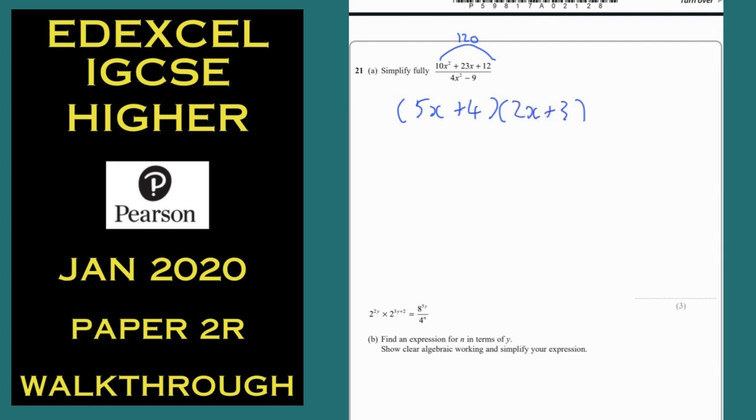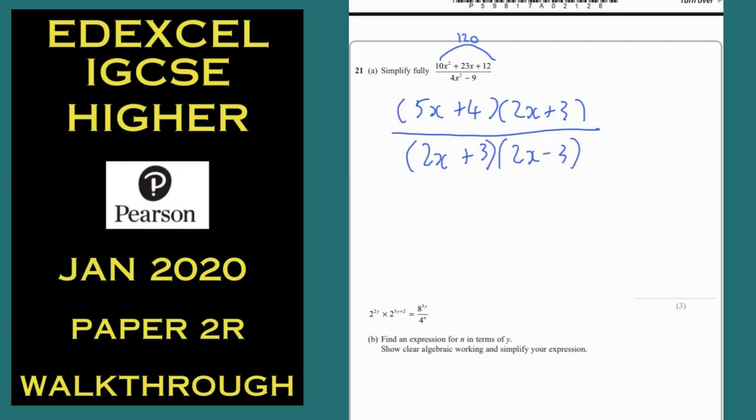But there is also the clue that on the bottom there is the difference of two squares. 4x squared square rooted is 2x. 9 square rooted is 3.